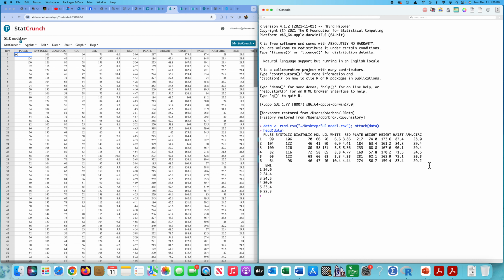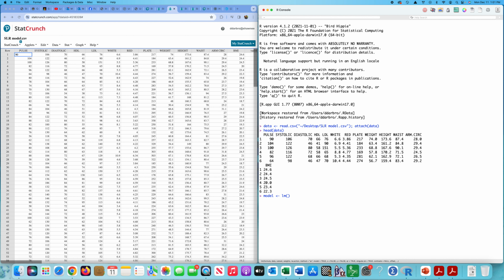It can be a little bit confusing. And I will tell you, I'm a huge R fan. This is one situation where I prefer StatCrunch over R, but I'm going to demonstrate just how to run a model. In R, I'm going to demonstrate it first and then bounce the idea off StatCrunch.